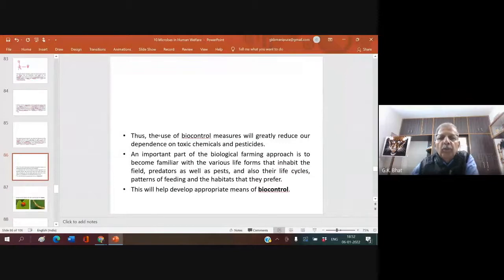Thus, the use of biocontrol measures will greatly reduce our dependence on toxic chemicals and pesticides. What is this use of a biocontrol measure? An important part of the biological farming approach is to become familiar with the various life forms that inhabit the field, predators as well as pests, and also their life cycle, patterns of feeding, and the habitats that they prefer.